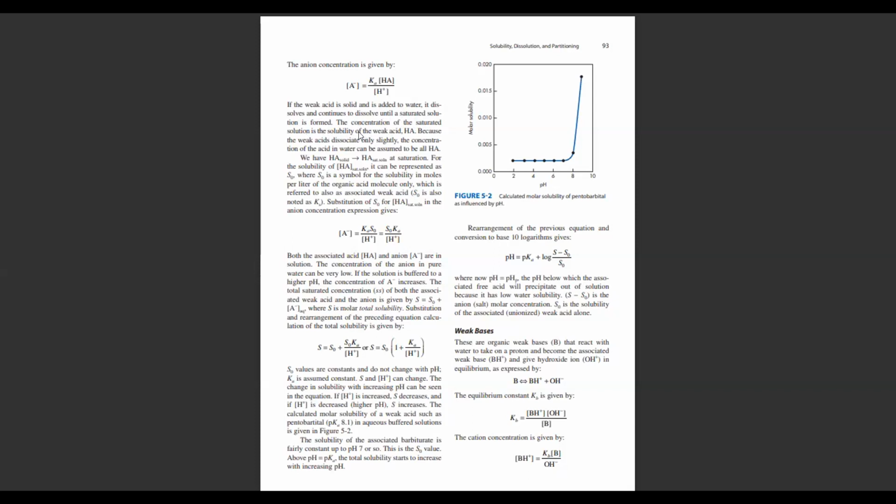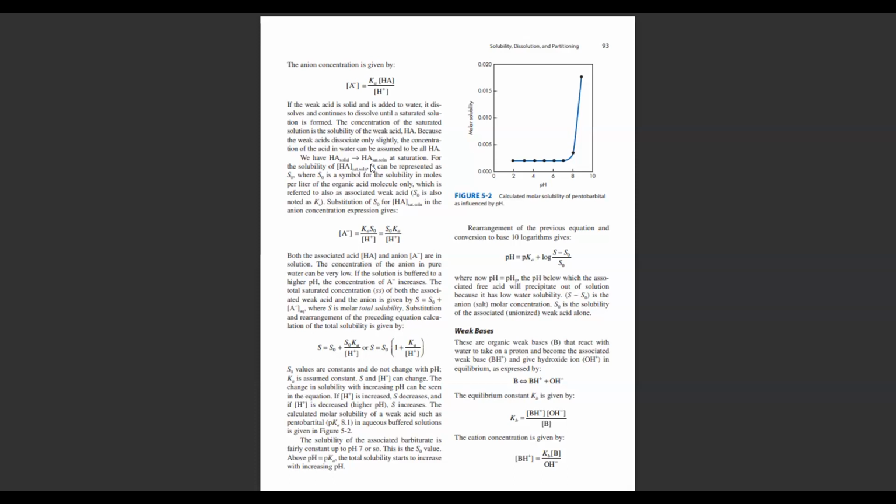So what this means, for example, if the weak acid is in an acidic condition, there will be more concentration of the hydronium ions. Thereby, the solubility of the weak acid will increase in an acidic condition because of this ionization by those ions, which will help it to dissolve more rapidly.